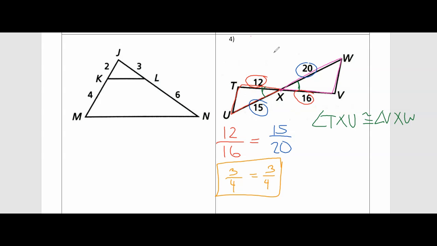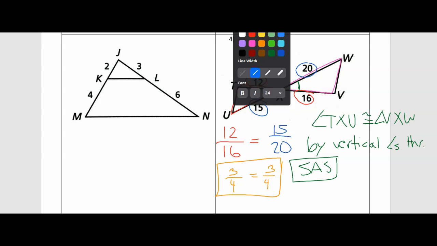We do need 3 letters here because there's multiple angles surrounding X, by vertical angles theorem. Thus, SAS is the similarity criteria, and now we just need to write a similarity statement.